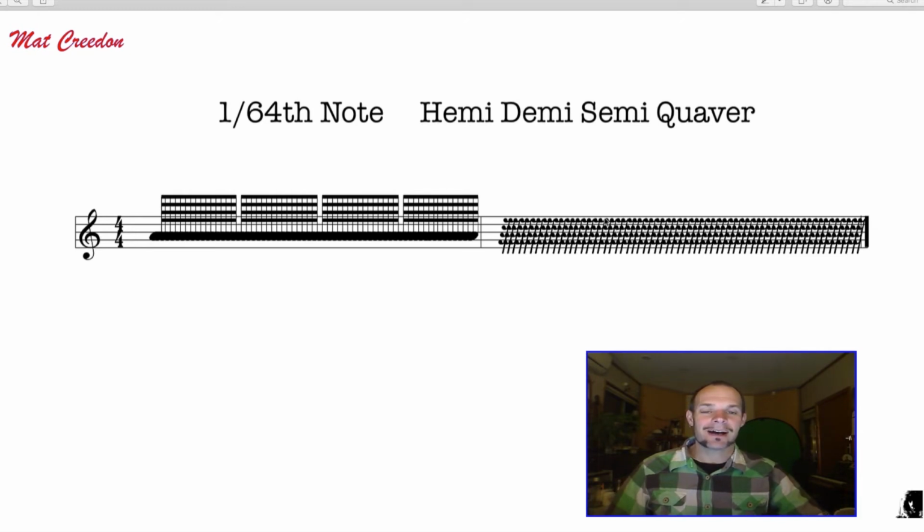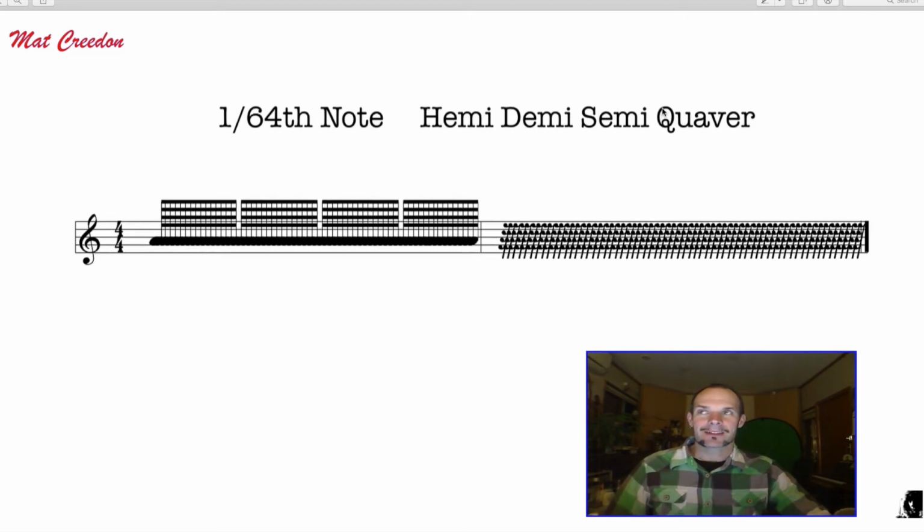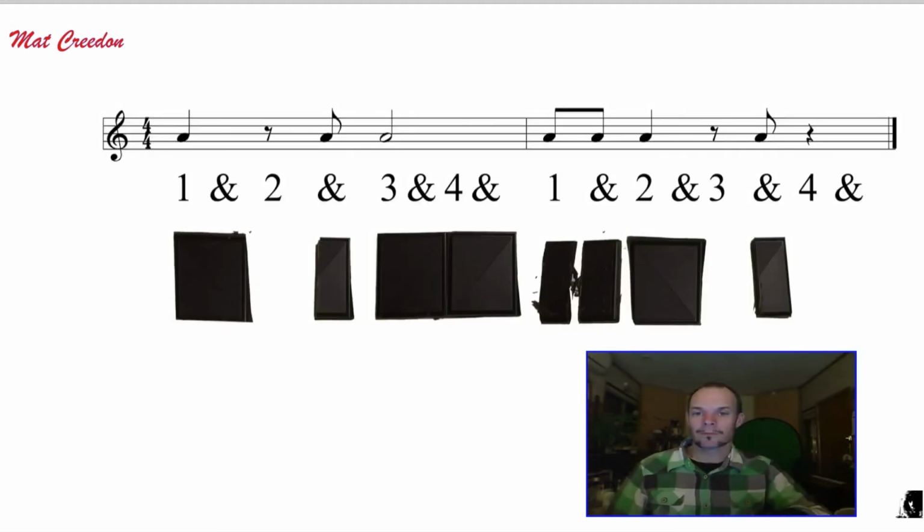And here are our 64th note rests, and 64th notes are also called hemi-demi-semi quavers. So next time you play Trivial Pursuit, I'm sure you could now answer the question about hemi-demi-semi quavers. Okay, let's keep moving.